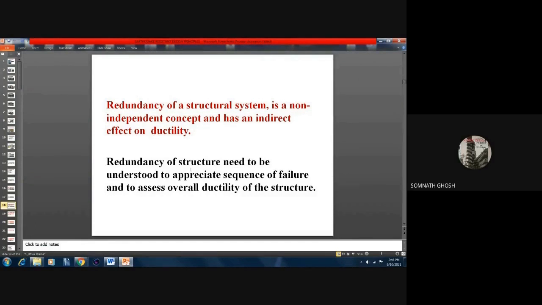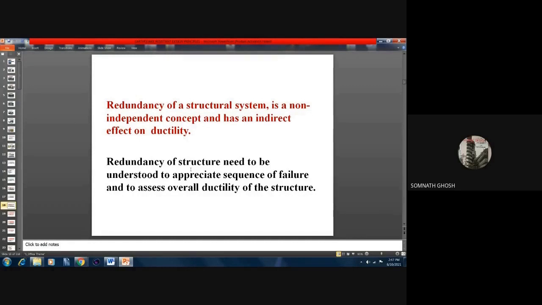The only thing I must tell you is the response reduction factor: for ordinary moment resisting frame, you are considering 3. But for special moment resisting frame, you are considering 5. So when you are considering 3, the base shear is more. When you are considering 5, the base shear is less.